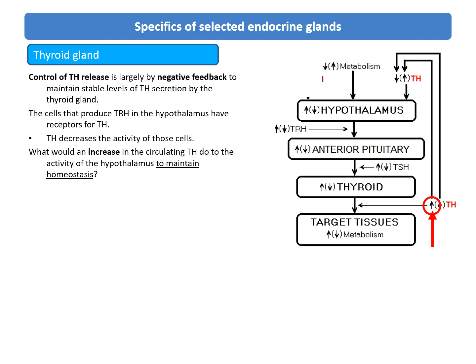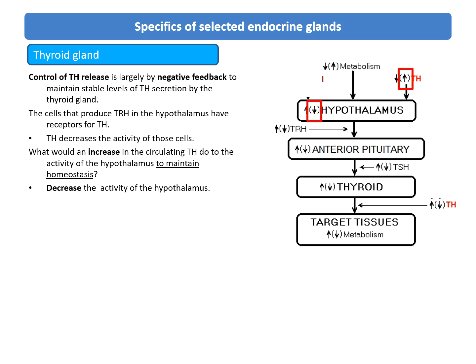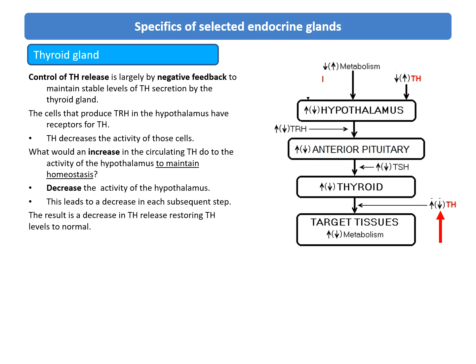So what would an increase in circulating TH do to the activity of the hypothalamus to maintain homeostasis? The increase in TH would decrease the activity of the hypothalamus. This leads to a decrease in each of the subsequent steps. The result is a decrease in thyroid hormone release, restoring TH levels back to normal.